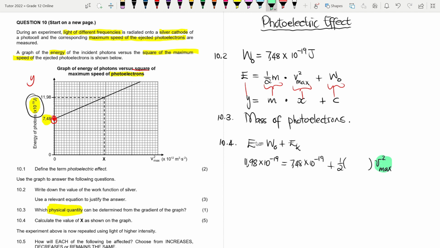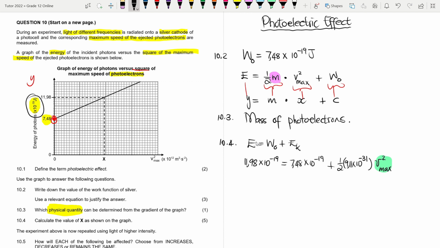But then what would be our mass? Do we need to calculate it from the gradient? Yeah, I would say you can do that, but just remember again that it's constant. So you are okay to just take it from the information. So that's going to be 9.11 times 10 to the power negative 31.